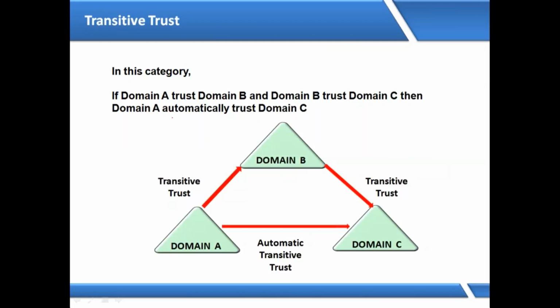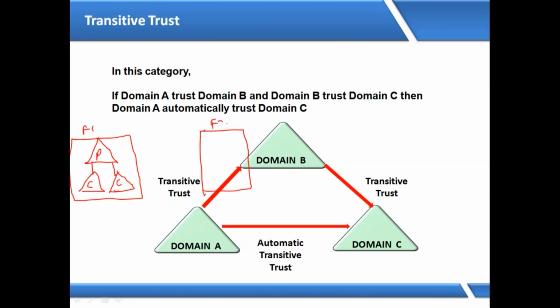In transitive, suppose you have multiple domains. Forest 1 has multiple domains: a parent domain and child domains. In a forest you can have only one parent and any number of child domains. So this is one forest. Now this is another forest, also with one parent and the remaining child domains.